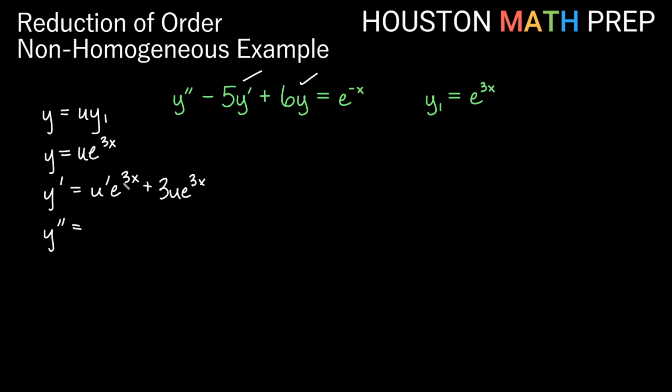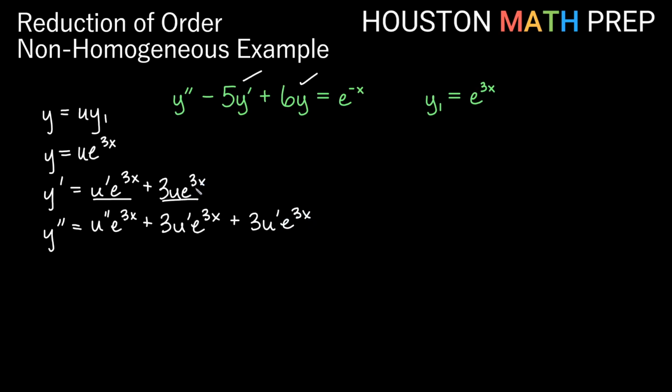So the derivative of this first piece gives us u double prime times e to the 3x. Plus, now the other half of our product rule here would be 3u prime e to the 3x. So that's this piece. Let's do the other piece now. Plus, the derivative of the first part would give us 3u prime e to the 3x.